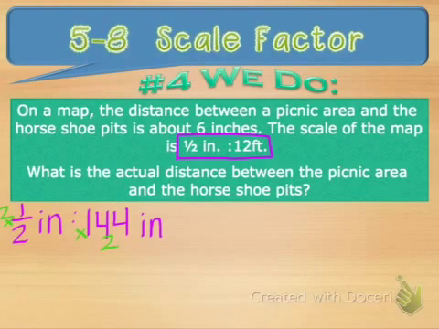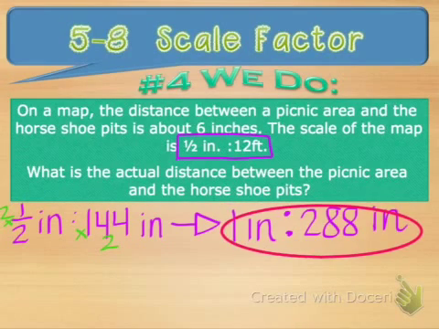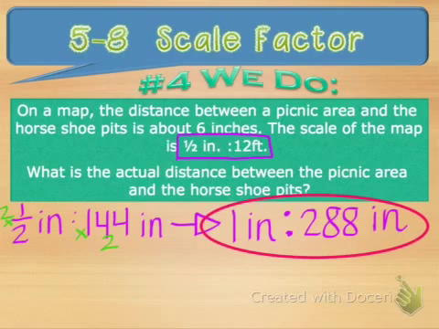So 144 times 2 is going to give us 288. So this is my scale that I'm going to start with in order to solve how far the picnic area is from the horseshoe pit in real life. So I'm going to clean this up.